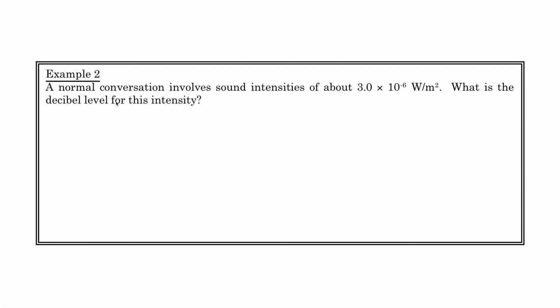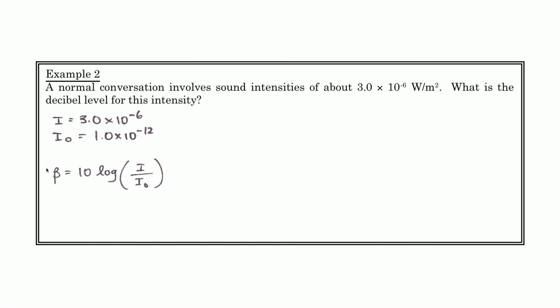So a normal conversation involves sound intensities of about 3.0 times 10 to the minus 6 watts per meter squared. What's the decibel level for normal conversation? And so here's the two sound intensities that we'll use. I is 3.0 times 10 to the minus 6. I naught is 1.0 times 10 to the minus 12. Again, this is a constant, the threshold of hearing.